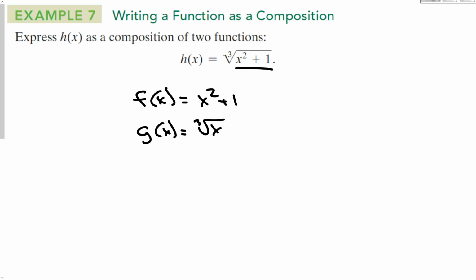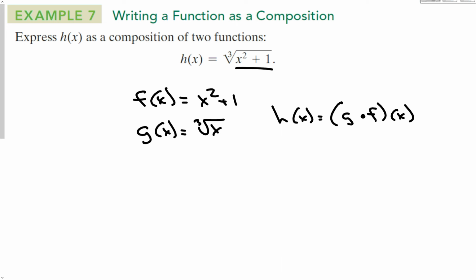So then, if I want to make my h function, h of x would be equal to f inside of g. So g of f of x, right? If I take the f function and I put it inside of g, I would get my composition function.